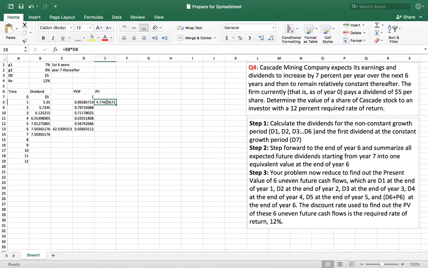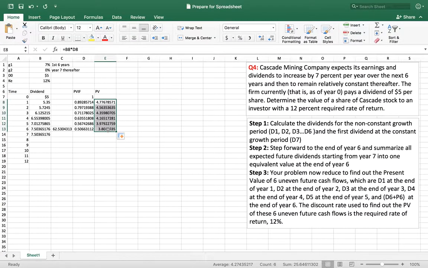The formula created in cell E8 applies to the calculation of the present value of dividend at the end of year 2, year 3, year 4, year 5, and year 6 respectively. So I drag down the cursor to complete the value.